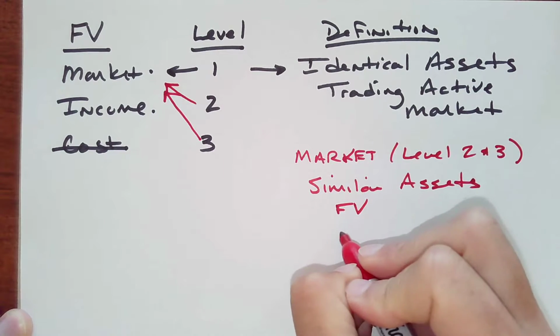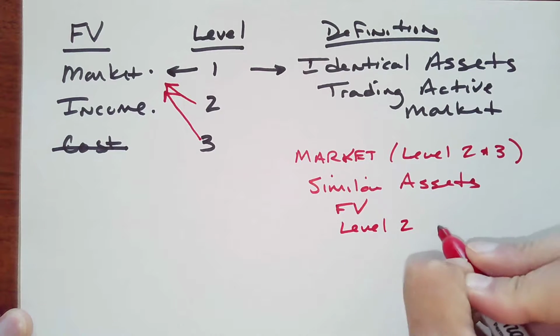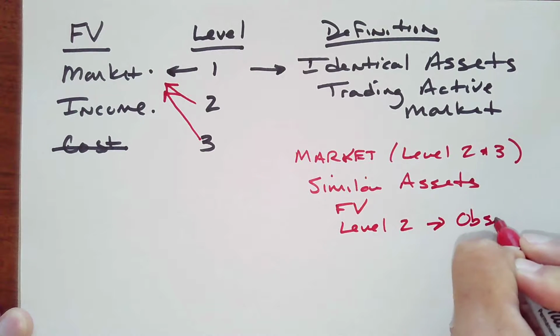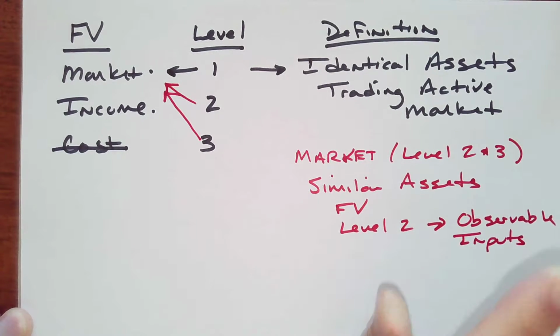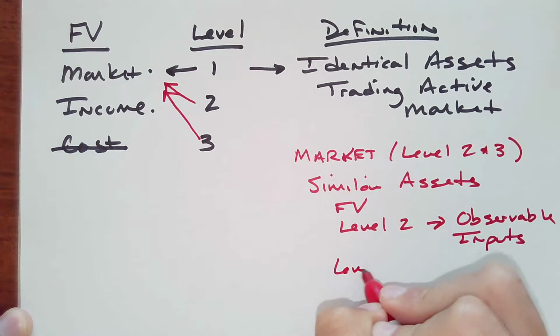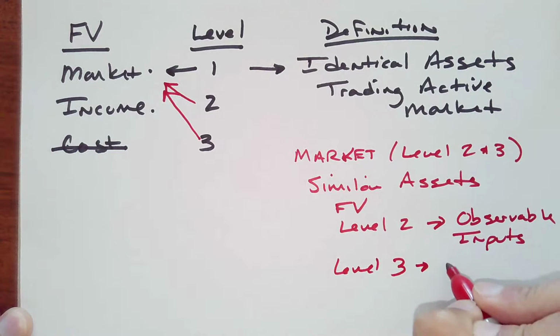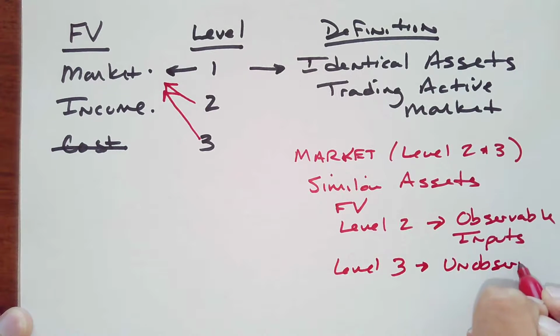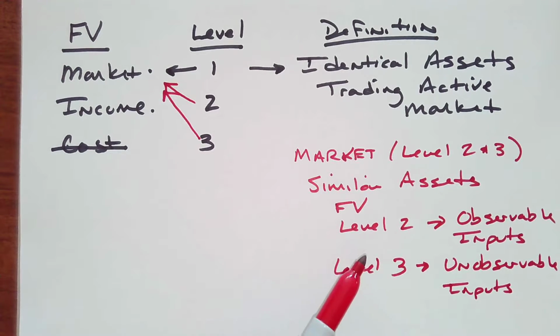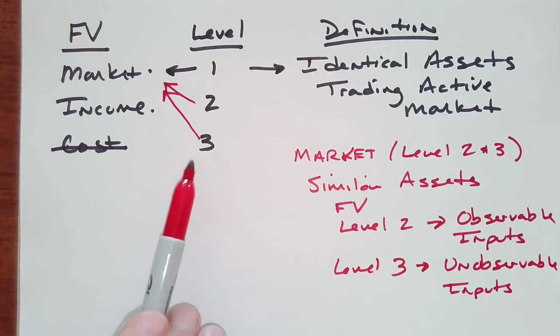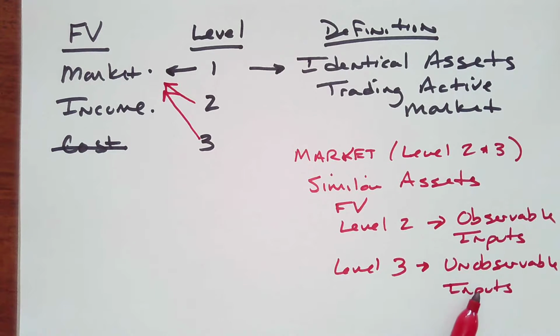The level 2s have observable inputs to market participants. Level 3s are unobservable inputs. Okay, but you can have market approach looking at similar assets, right? Level 2, we can go to an actual marketplace where similar assets are traded in an observable market versus level 3, there are similar assets, but they are unobservable.